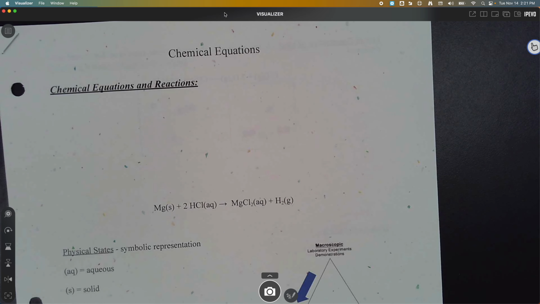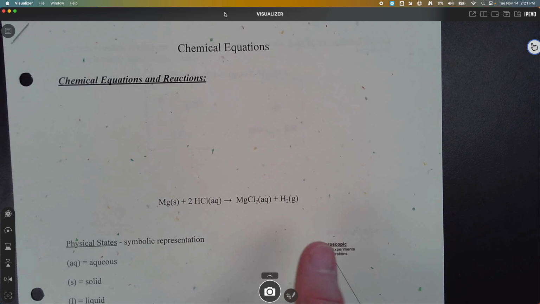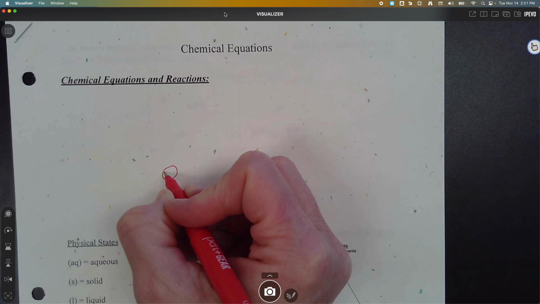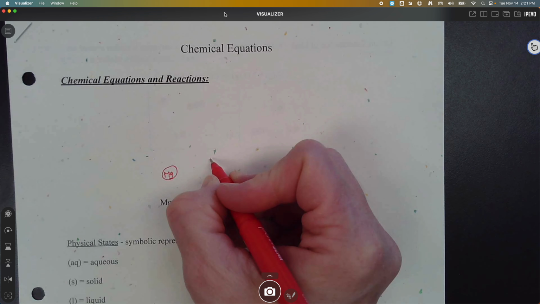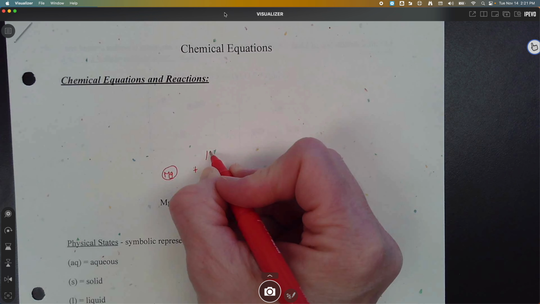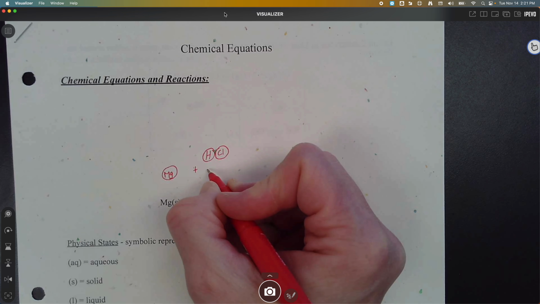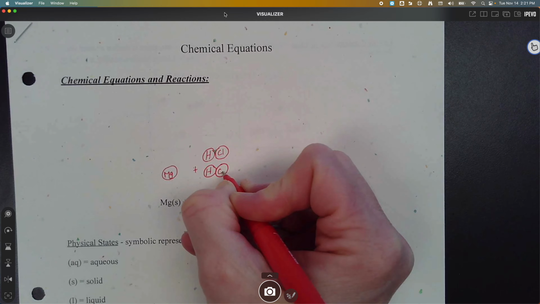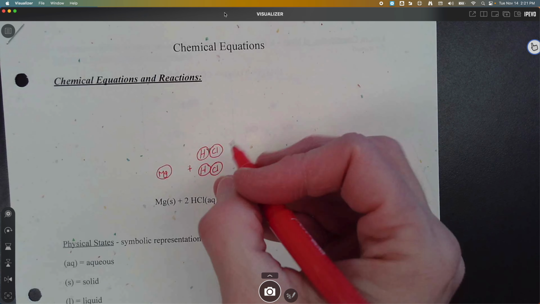We've even kind of learned how to read chemical equations. So we've learned that if we look at this, our interpretation is that this is telling us one particle of magnesium reacts with two particles of HCl. And notice that I've drawn them so they're not touching one another, so they actually represent separate little entities.